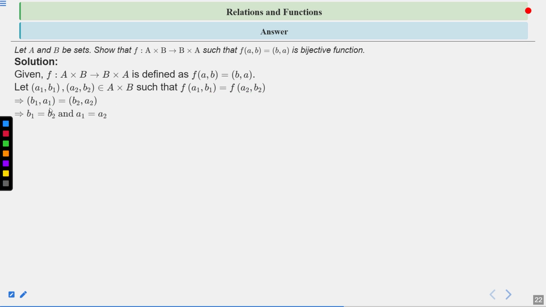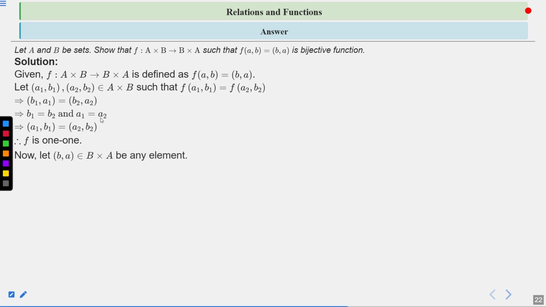As both are ordered pairs, two ordered pairs are the same when their corresponding elements are the same, meaning b1 and b2 are the same, a1 and a2 are the same. So b1 equals b2 and a1 equals a2. This gives me (a1, b1) is the same as the pair (a2, b2). Therefore, f is one-one.